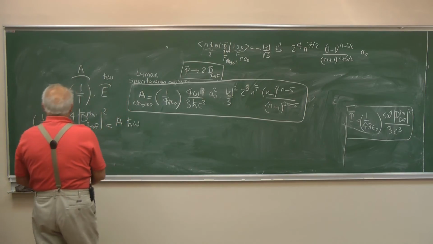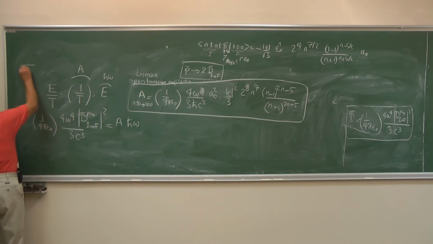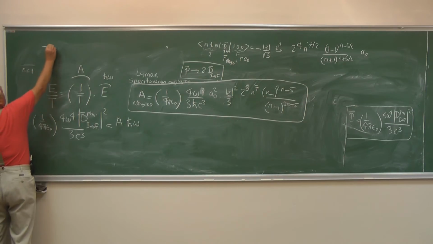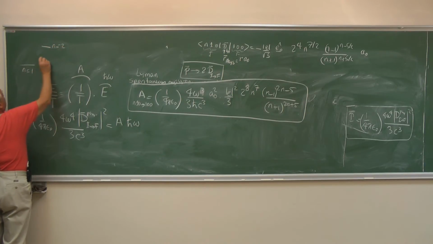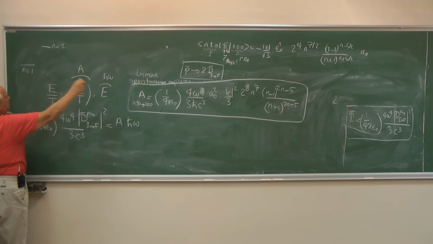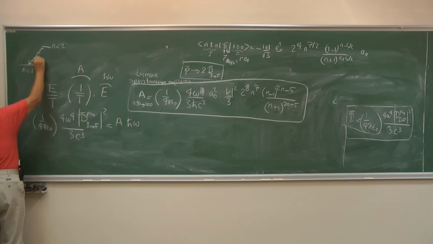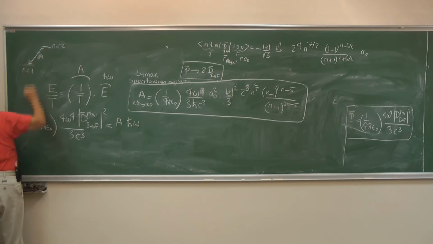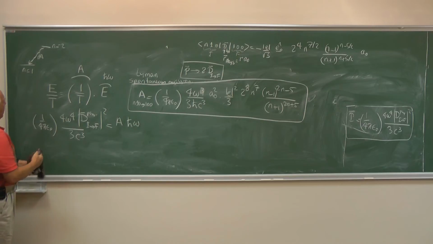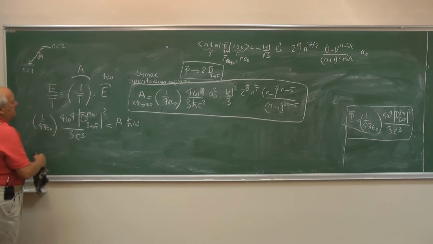Alpha is from n equals 1. This is n equals 2. Any m value would do. We just took m equals 0, but they're all the same. So this transition rate is A. So let us numerically compute this thing.